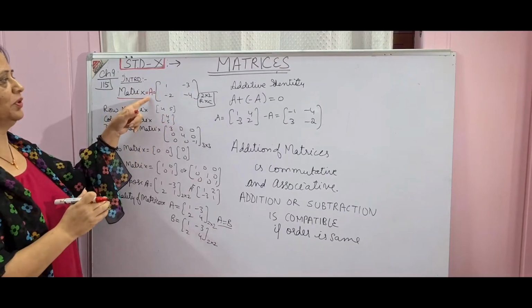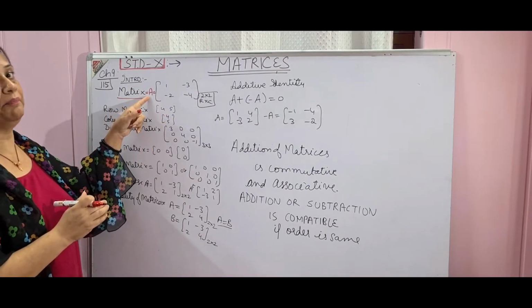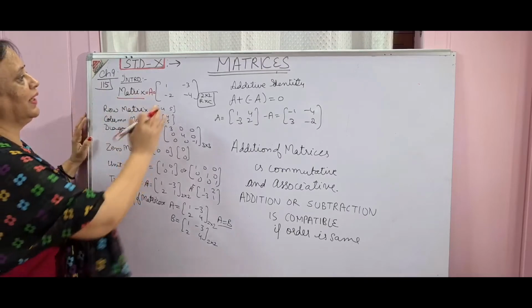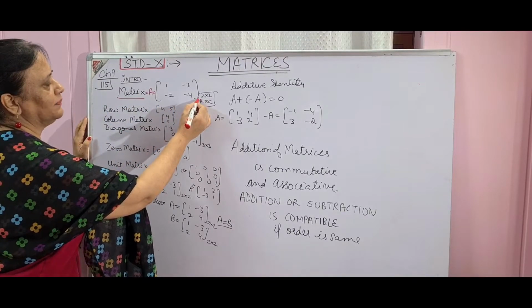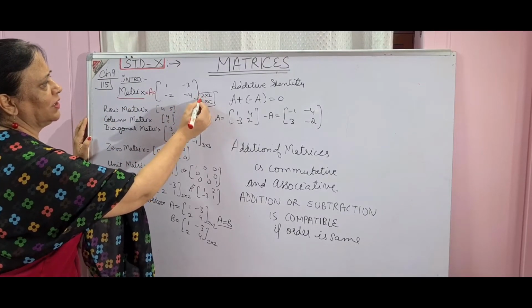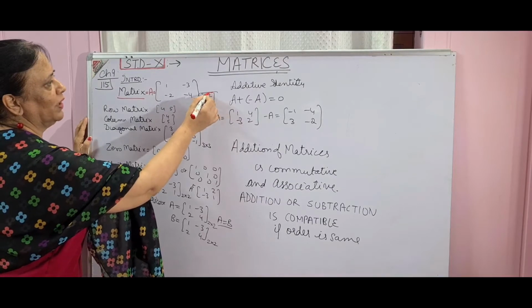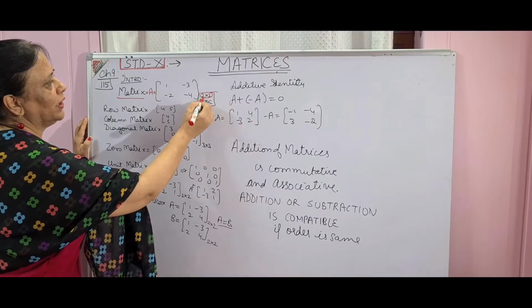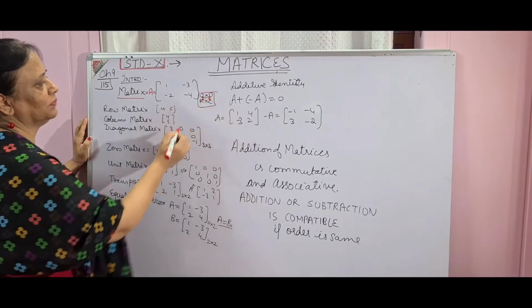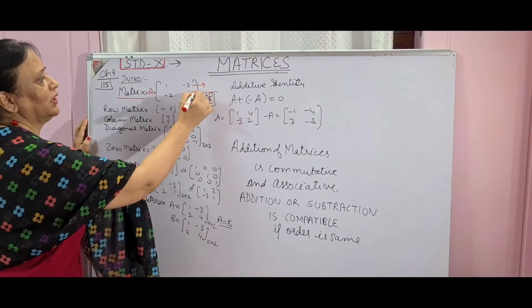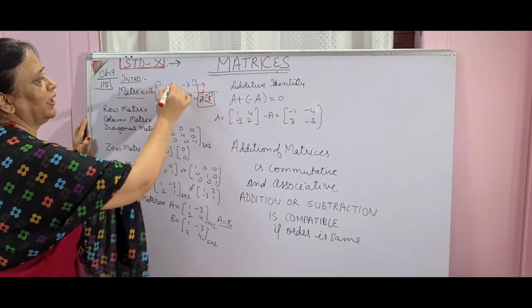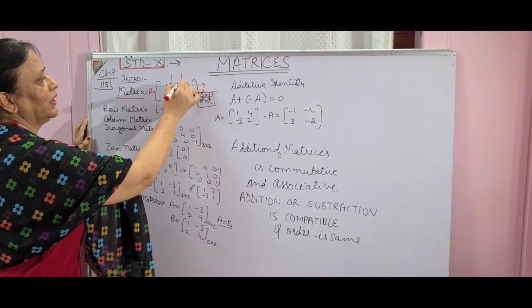This type of presentation is called matrix presentation. Then I have written something at the right side at the end of the bracket, 2 into 2. Now what does this denote? This denotes the number of rows and the number of columns. Rows are the horizontal lines, horizontal values, and columns are the vertical values.